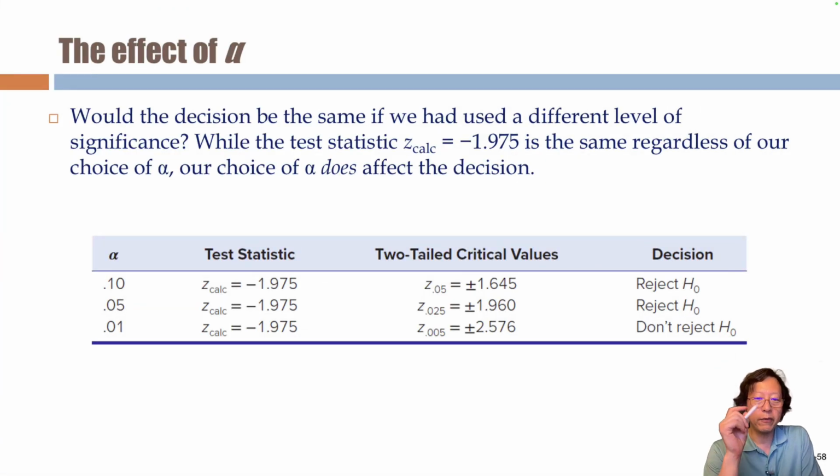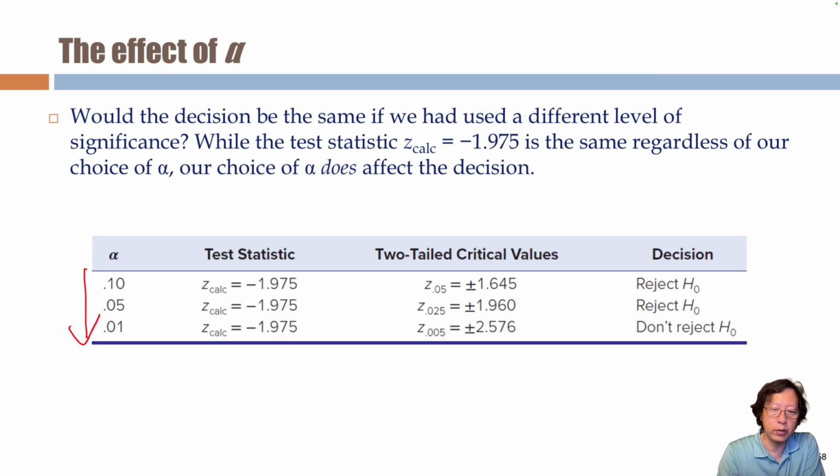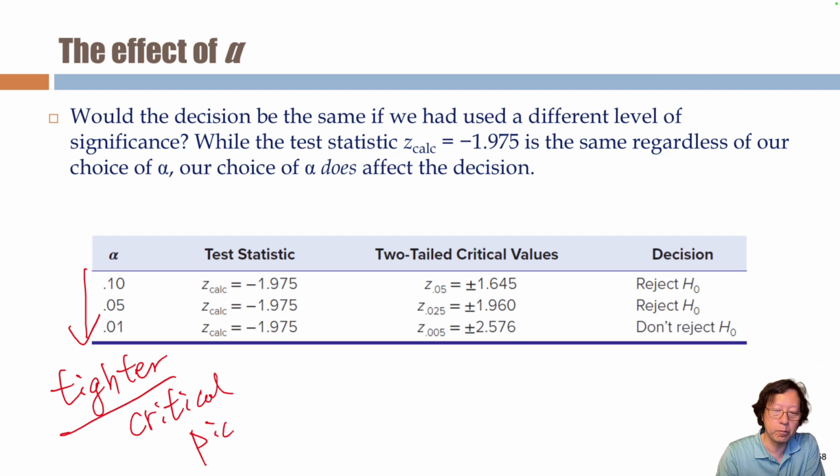Now, the effect of alpha: if you use a smaller alpha, this means a tighter critical value, so getting more picky to reject.